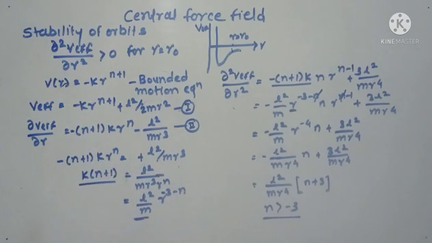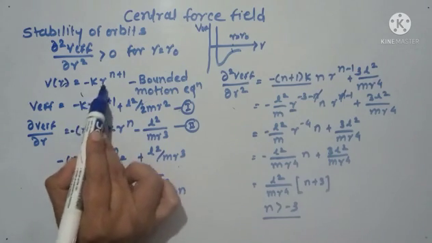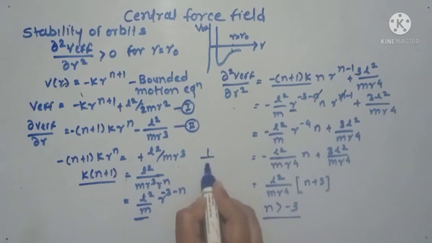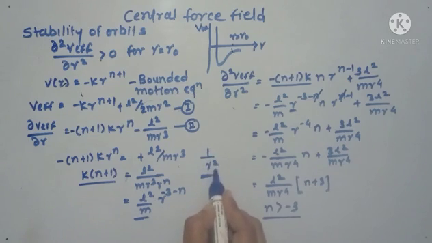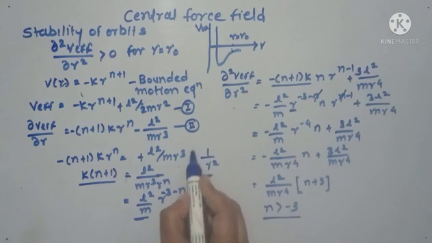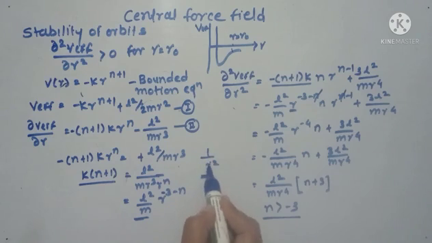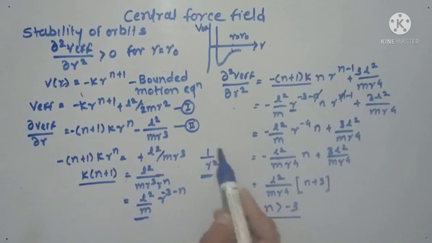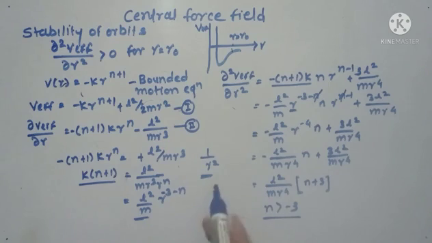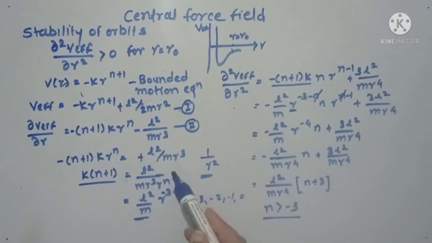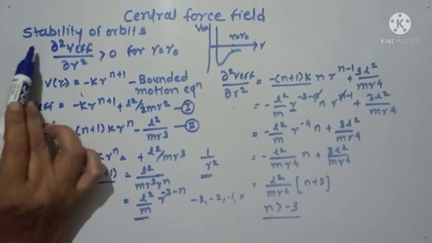We know that in a gravitational force field the potential is of the type 1 upon r square, or 1 upon r cube, whatever it is. If the value of n is greater than minus 3, it can be minus 2, minus 1, 0 and so on. So if the value of n is greater than minus 3, then and only then will the particle or the planet revolve in a stable orbit.